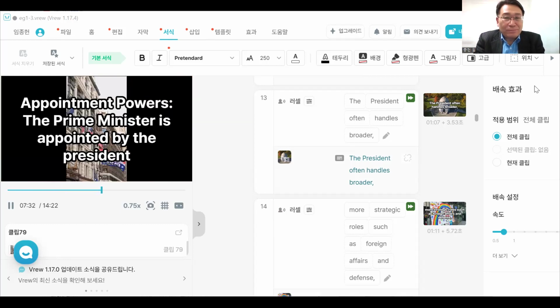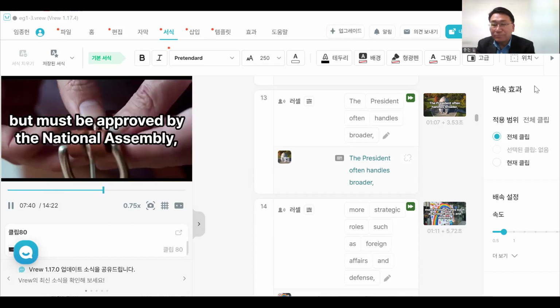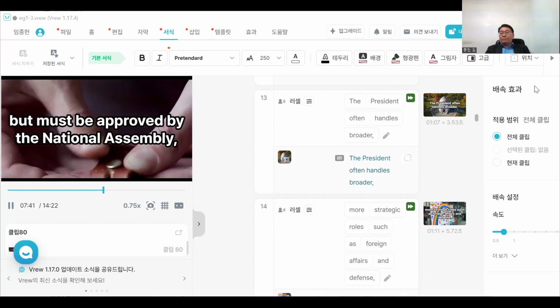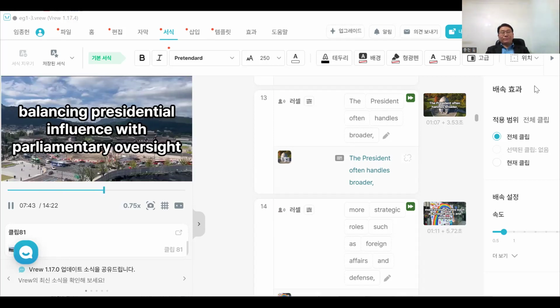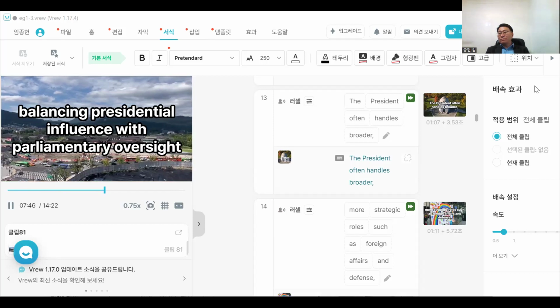Appointment powers. The Prime Minister is appointed by the President, but must be approved by the National Assembly, balancing presidential influence with parliamentary oversight.